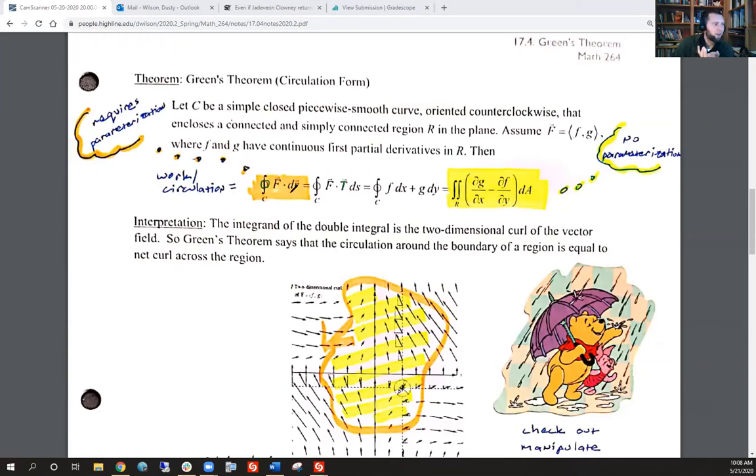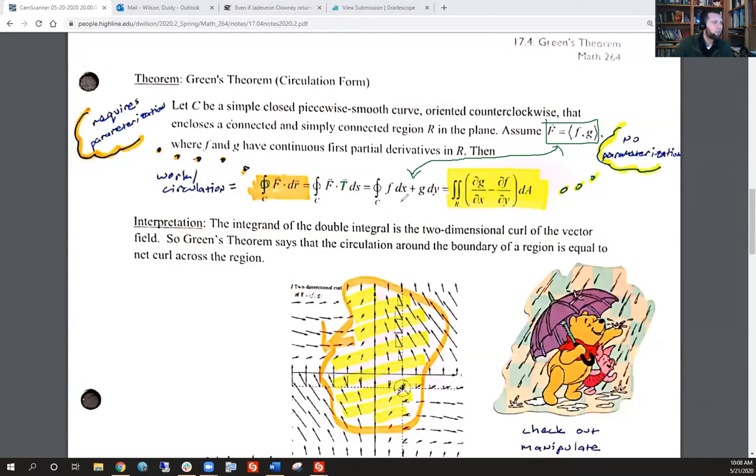So F dot dr is the same as F dot T ds. We could also split that up into its x component, little f, and its y component, little g. So the fact that big F equals (f, g) is important here and helps you understand what the formula means.